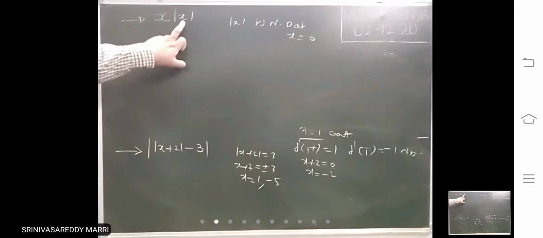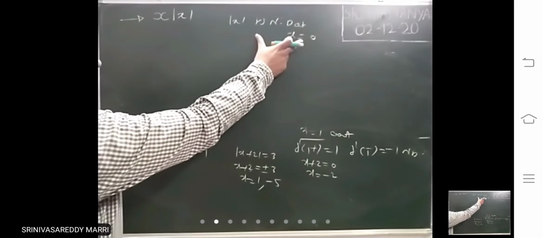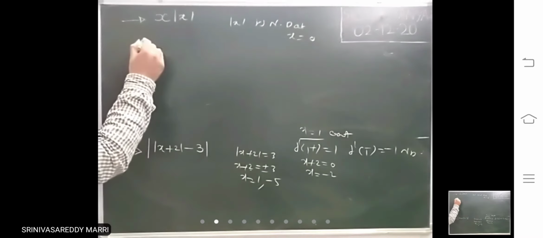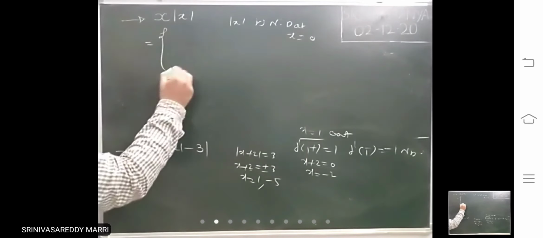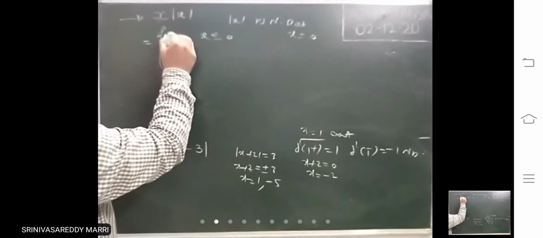But here only modulus x is not there. X into modulus x is there. That means this factor x, whatever it is, is there here. In that case, you cannot say this. If only modulus x is there, you can say this. But x into modulus x is there. Let us check whether this is differentiable or not.